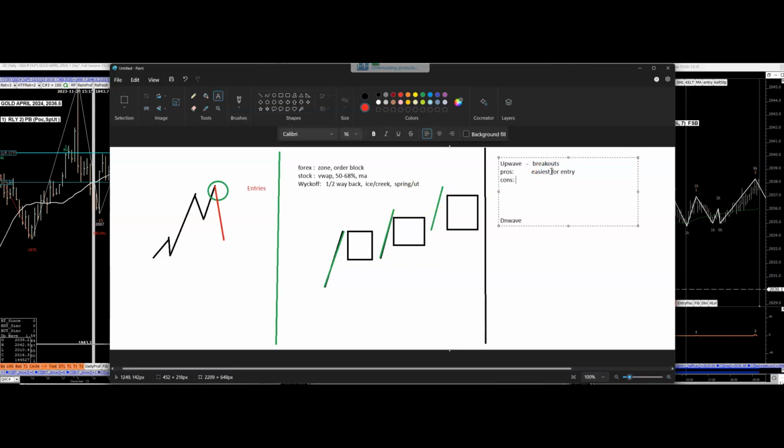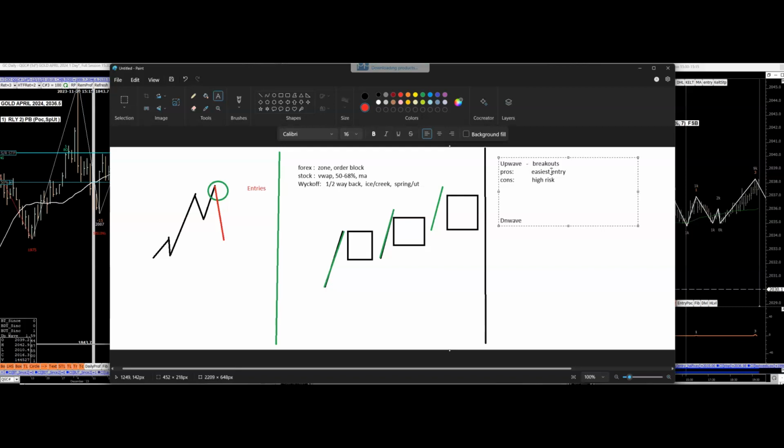All right. The con is high risk. Easiest entry, but the con is high risk. If it doesn't have follow through, you're screwed, and your stop is going to be pretty far away.